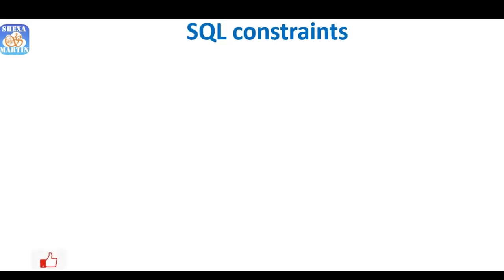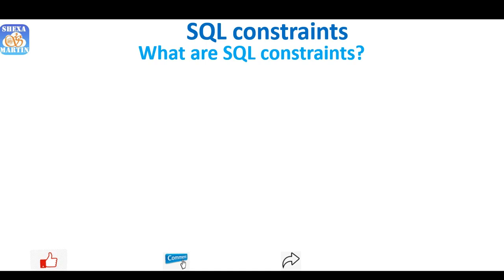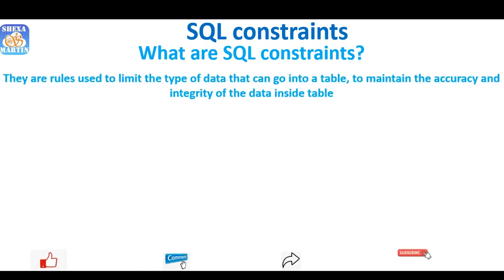SQL constraints. What is it that we call a constraint? SQL constraints are rules used to limit the type of data. Get this correct. It's the type that is limited.